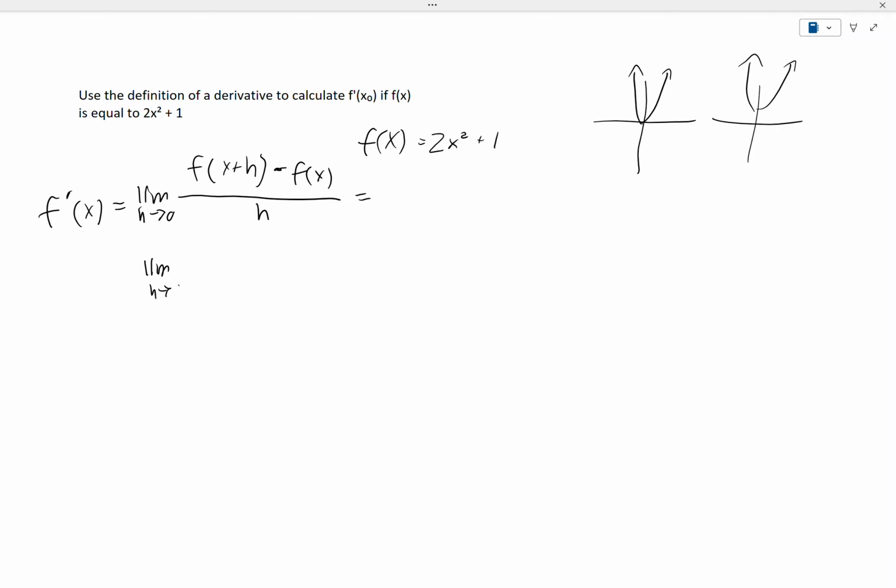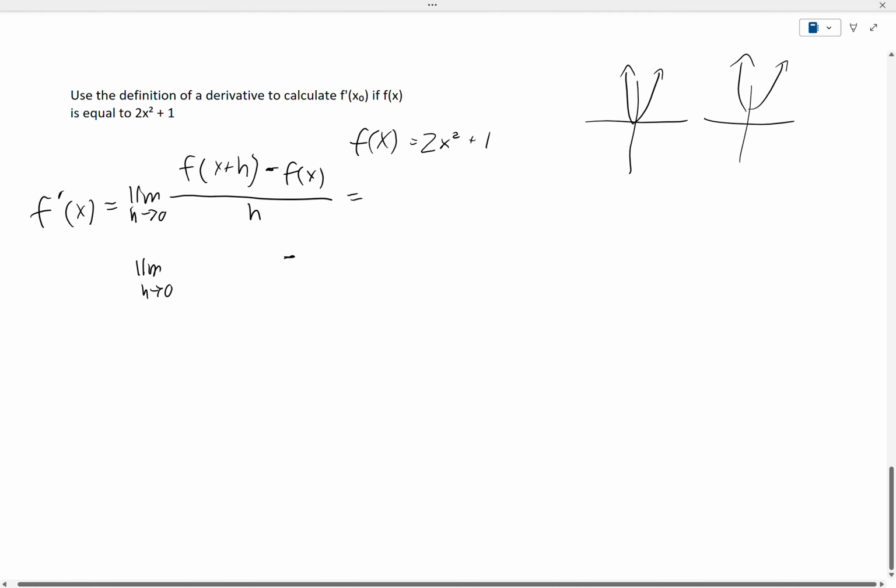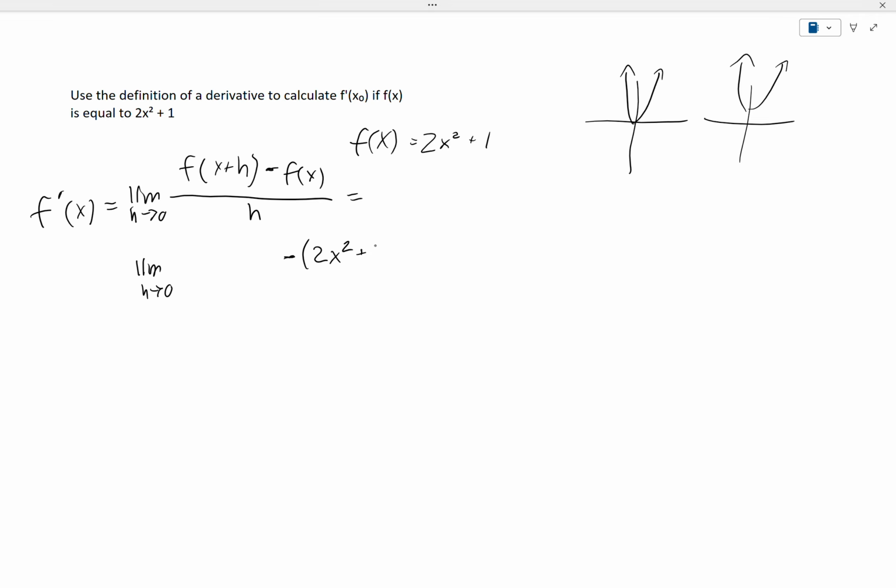Limit as h goes to 0 of, I'm going to skip the beginning part because that'll take a little more work, but the second term right here is f of x. Well, I'm explicitly given that up here, so that's easy. I just plug that in. There we go. For the beginning part, I have f of x plus h, which means instead of x, I'm going to stick x plus h in for every x.